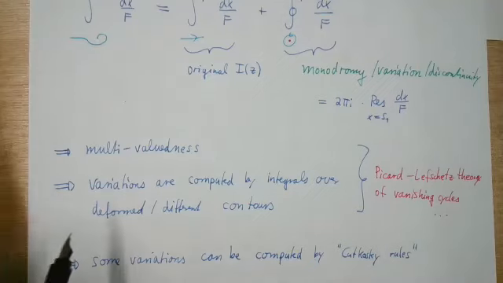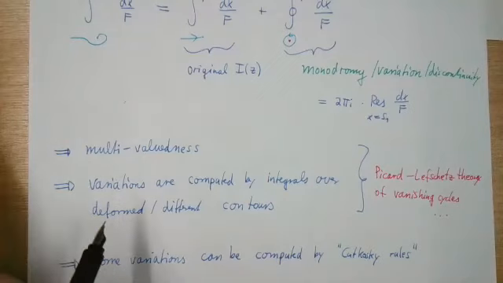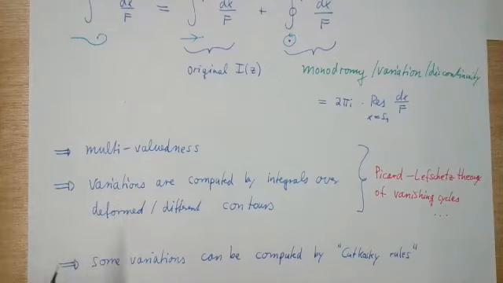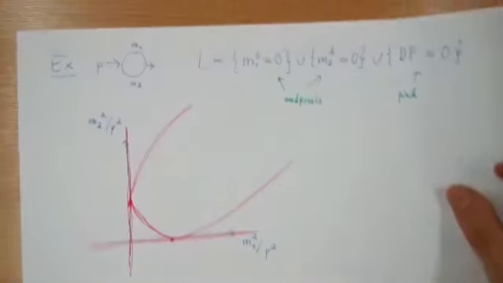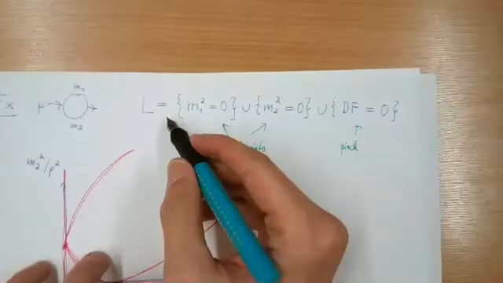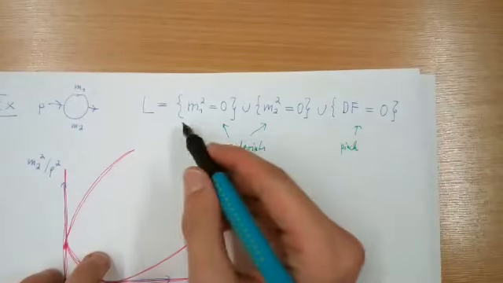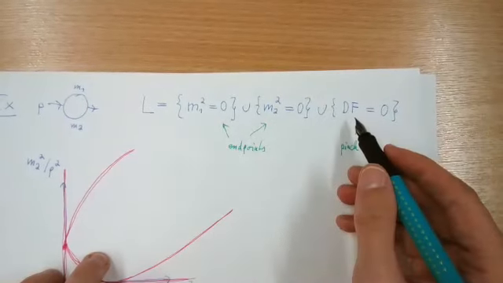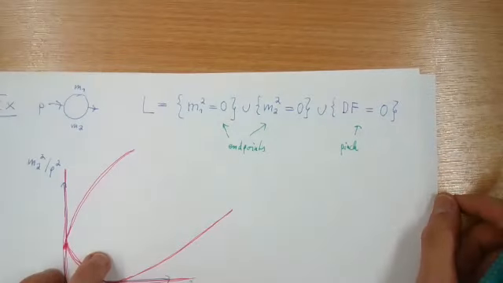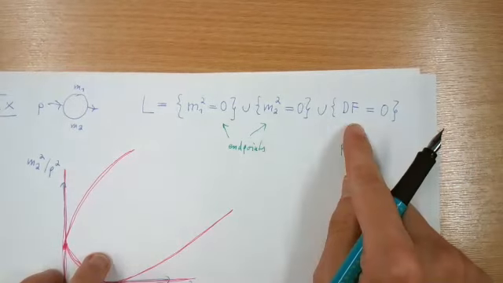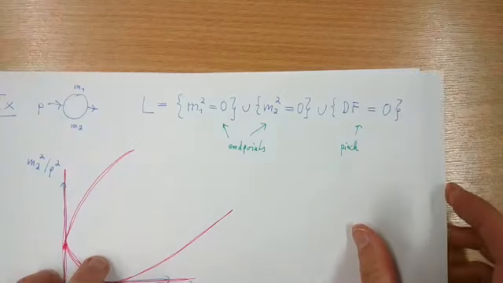So maybe just as a reminder, what was this Lambda variety? It was the location of singularities of the integral. And in the example we did, this was the first step, right? So after this analysis, the insight was we have these singularities. And knowing the singularities can be pretty useful. If you know the singularities, this can be helpful for differential equations. Also, when you do manipulations with polylogarithms or the symbol and things like that, knowing the singularities, or sometimes this is also called the alphabet, is very useful.